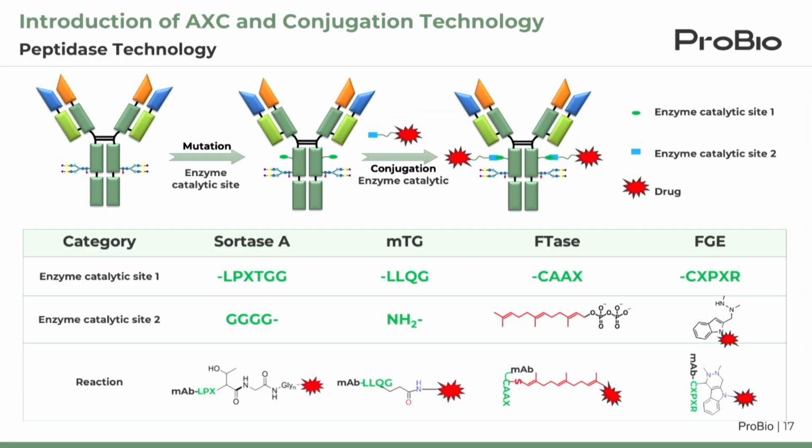And once both criteria are met, these enzymes could catalyze this site-specific conjugation with very high activity and specificity. There are a wide range of different enzymes that could catalyze these reactions, with some examples listed here, such as Sortase A, MTG, FDase, and FGE.